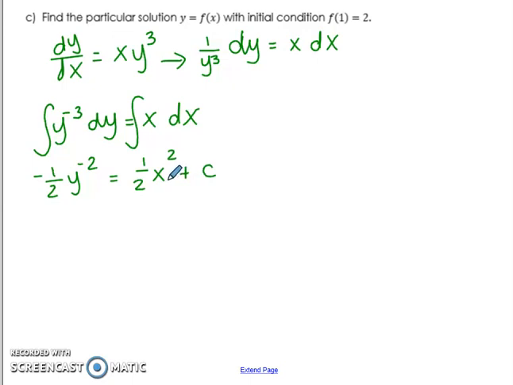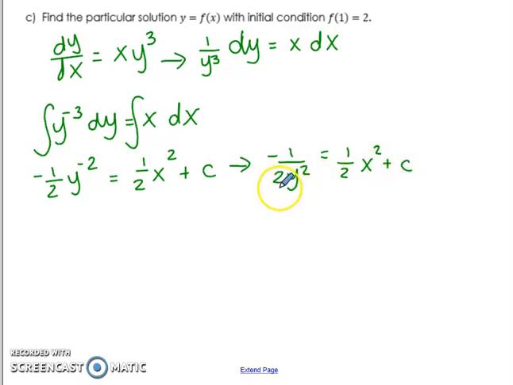So from here, our goal is to get y by itself. So first thing that I can do is I'm going to rewrite this as negative 1 over 2y squared equals 1/2 x squared plus c.